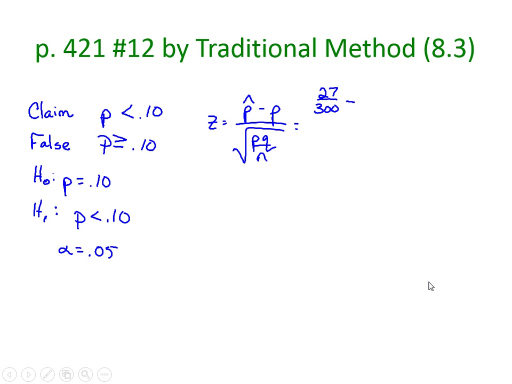From my null hypothesis, I'm assuming I know p to be 0.1. So p is 0.1, q would be 0.9, and n was our 300. So go ahead and use your calculators and find what that value is. You can either do it in several steps or use parentheses correctly and do it all in one.